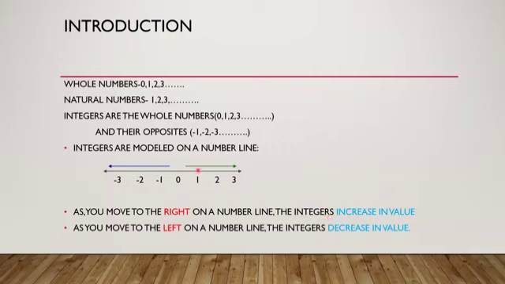That means if you're moving from 1 to 2, your value has increased by 1. If you move towards the left on the number line, the value of the numbers keeps on decreasing. So -1 is actually greater than -2. So this is the difference between the positive and the negative integers.